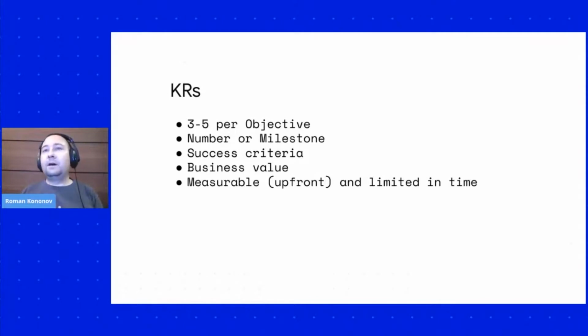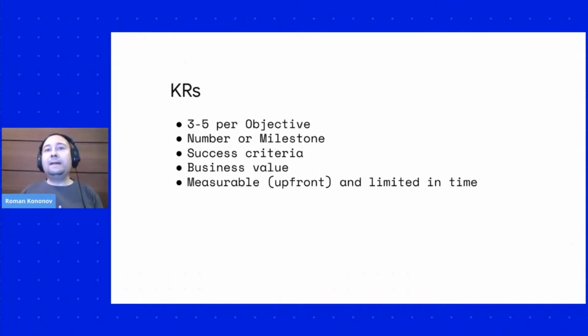So different numbers, like financial attributes. And based on these numbers, you could define whether you have achieved it or you haven't yet. So this is the success criteria. So whether you achieved all of the KRs, you could say, I achieved this specific objective. So these are like attributes or progress meters of this specific objective.